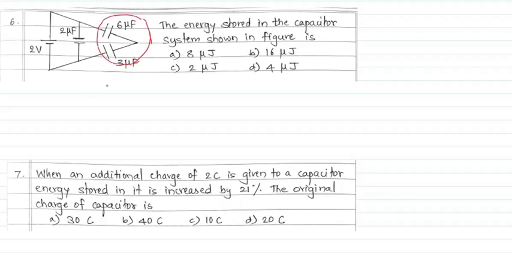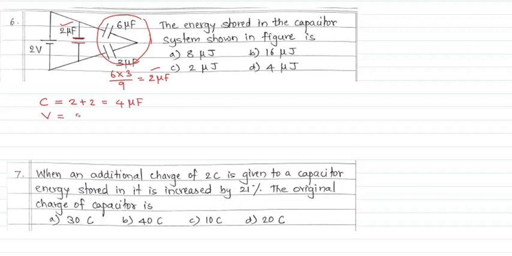If I solve this, 6 into 3 by 6 plus 3 is 9. So 18 by 9 means you will have 2 microfarad. Now this 2 and the solved 2, these two are in parallel. Therefore equivalent capacitance C will be 2 plus 2, that is 4 microfarad.